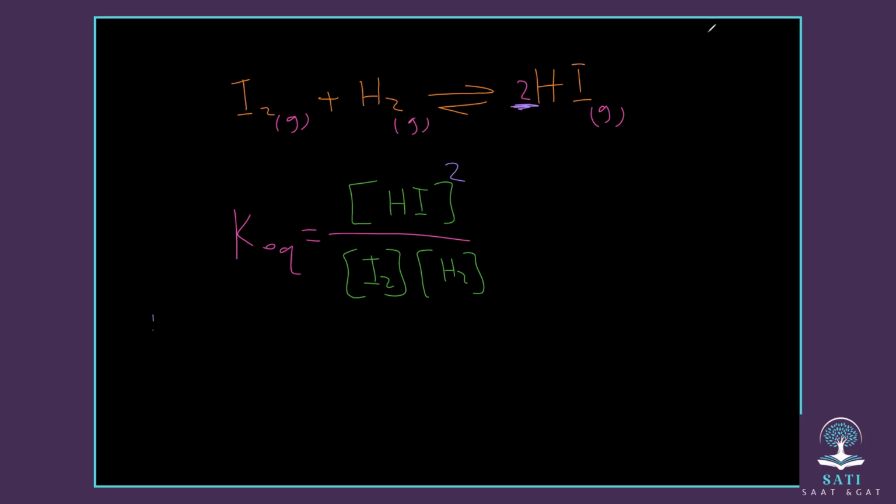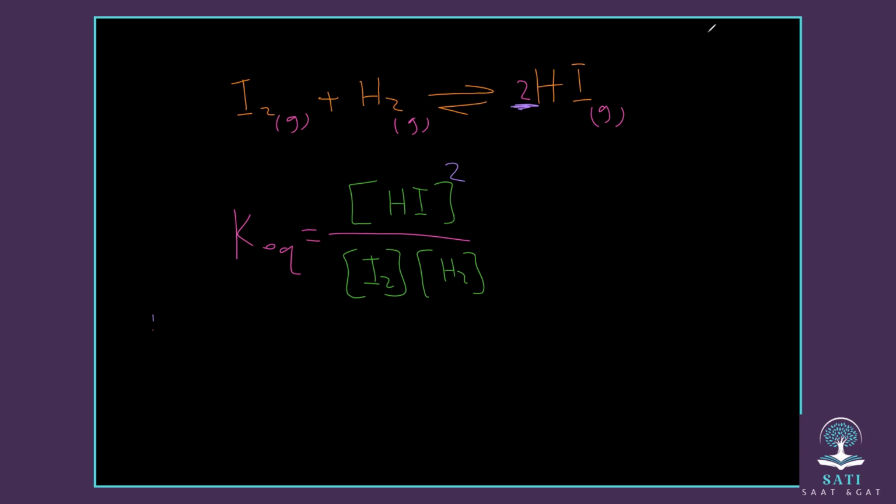Solids and liquids are pure. What does it mean they are pure? That means if I have carbon, which is pure, we don't use concentration for carbon because its concentration is constant. So we don't include solids and liquids in the equilibrium constant because they are pure substances and they have constant concentration. We just write for gases.